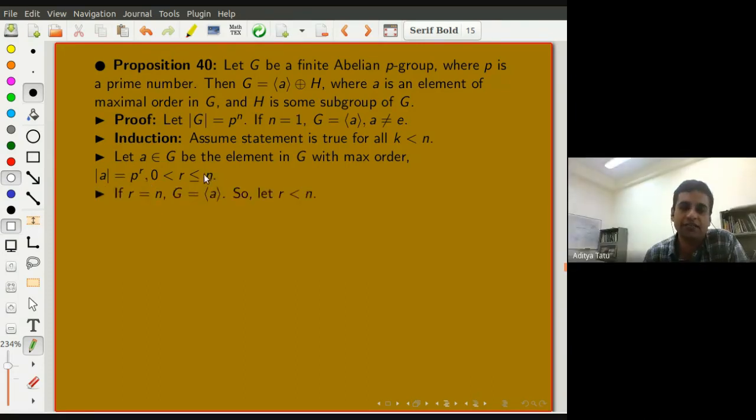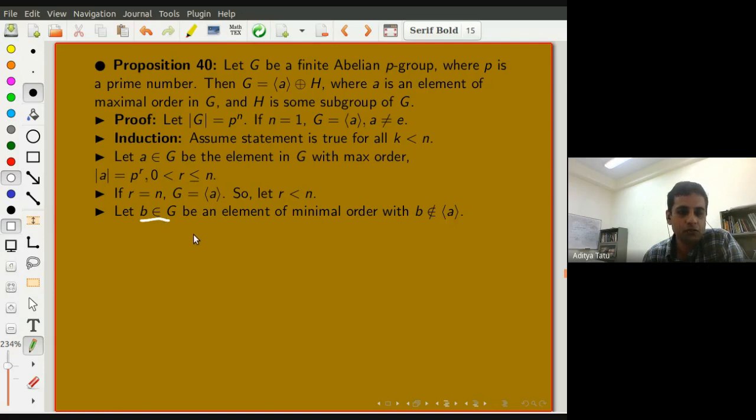Now R, if it is n, then we are done, as we just discussed. G will be cyclic, right? So we'll assume that R is strictly less than n. Okay. Then let's pick another element B in the group, which is not in the subgroup generated by A, and from the remaining elements, B has to be an element of the minimal order.